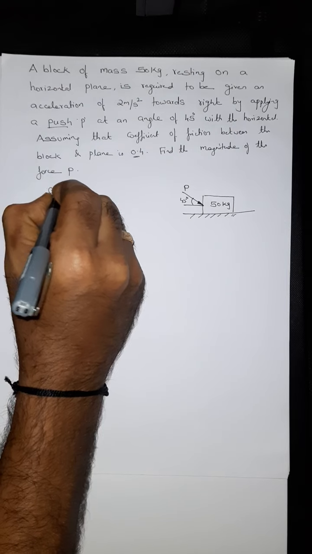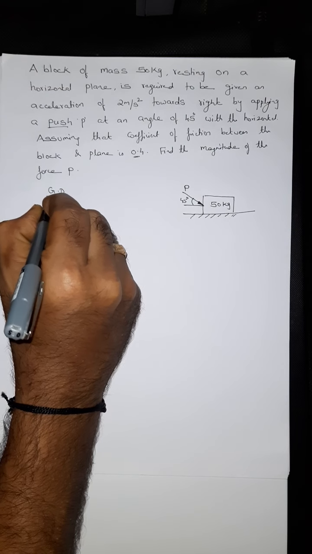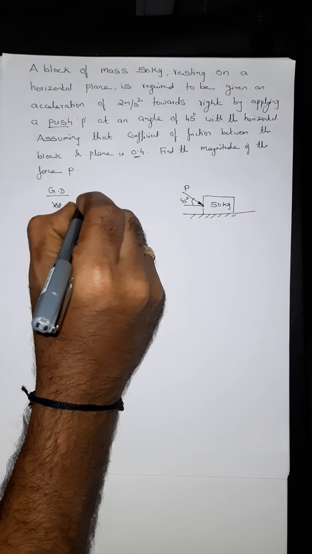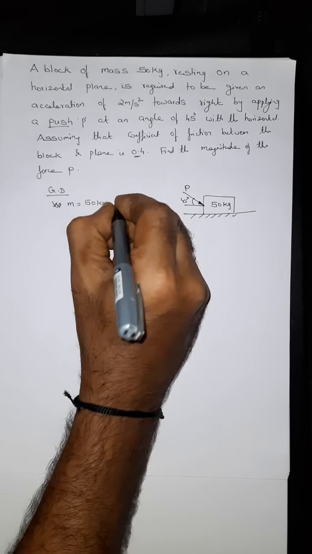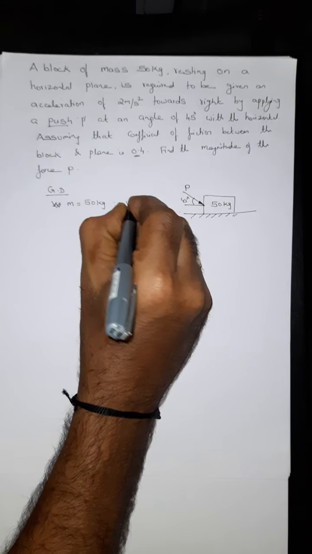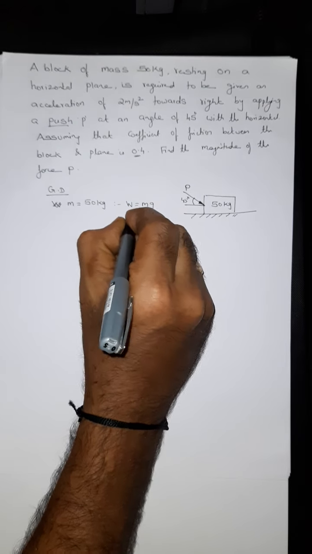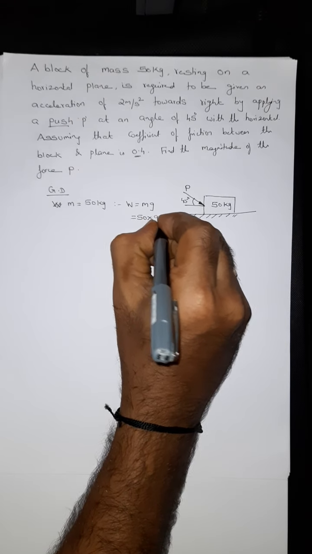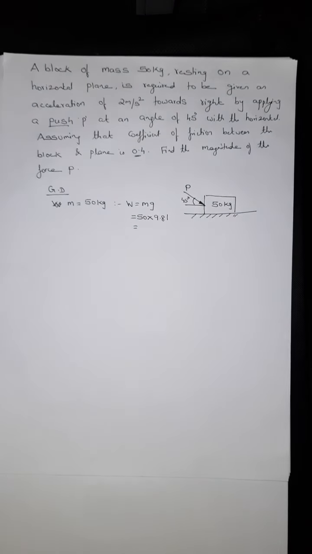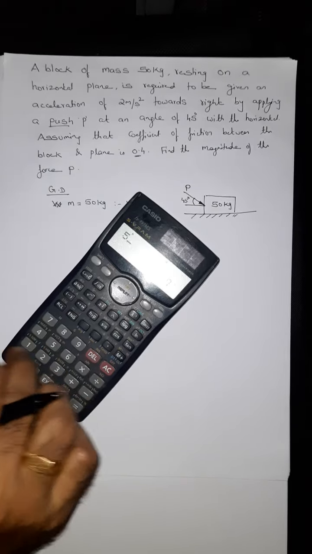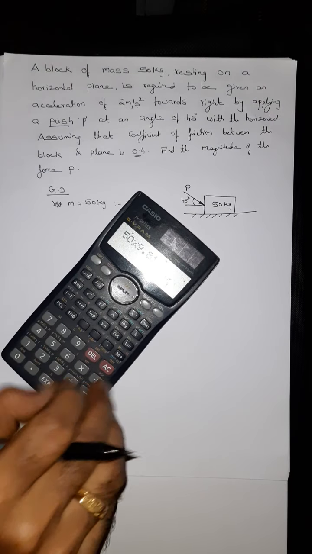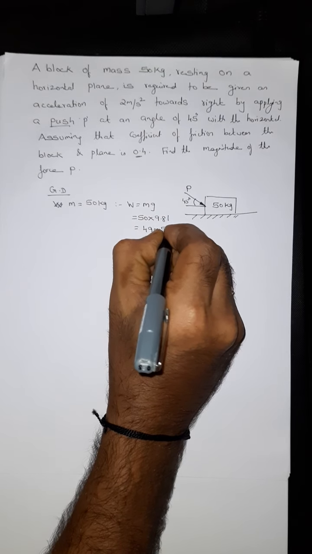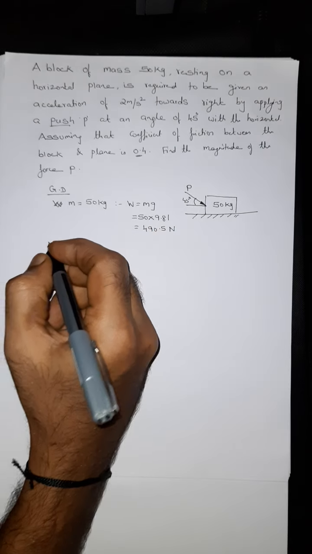So given data, the block weight, that is mass is given, not weight, mass is 50 kg. Therefore W is equal to mg. M is 50 and acceleration due to gravity is 9.81. 50 into 9.81, which works out 490.5 Newton.